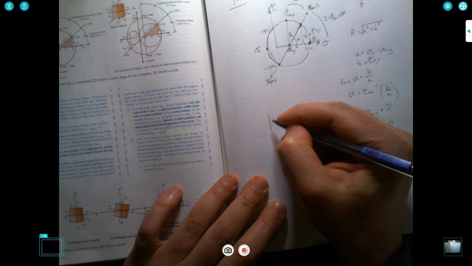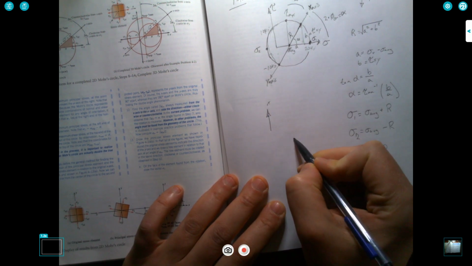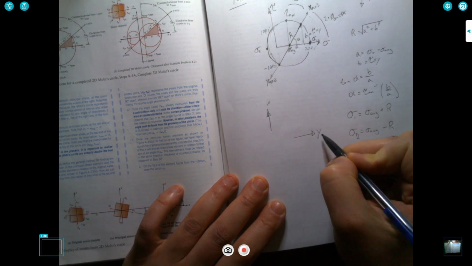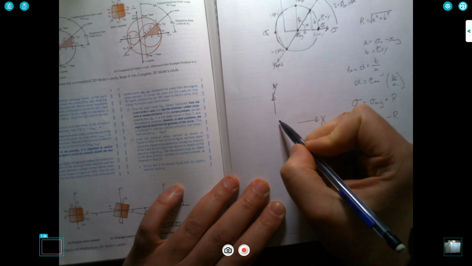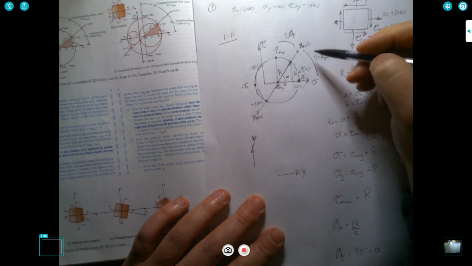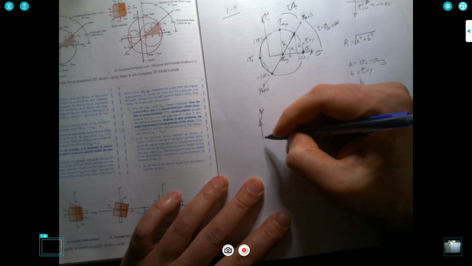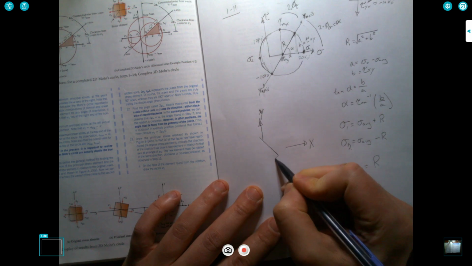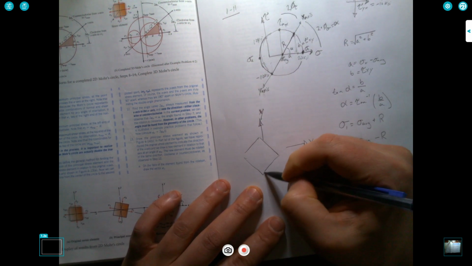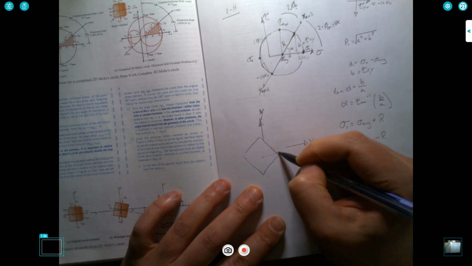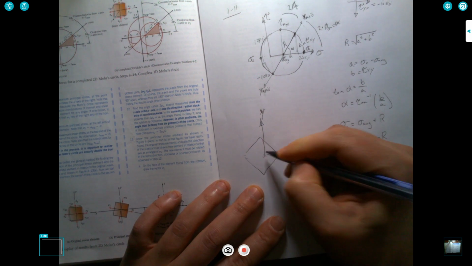So we look at our stress element. We have our x-axis, our y-axis, and we're rotating this element by alpha, or half of alpha. And I'm just going to draw an exaggeration here of what I would expect it to look like. So you get some sort of stress element like this.